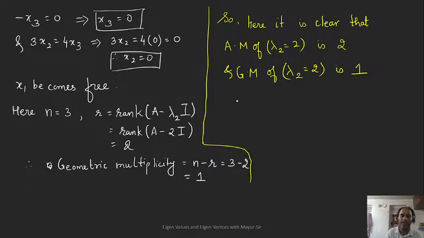Hence, we can say that matrix A is not diagonalizable. Okay, this is what we get.